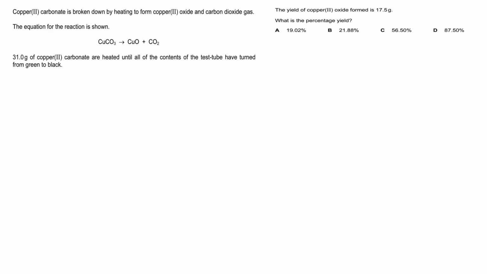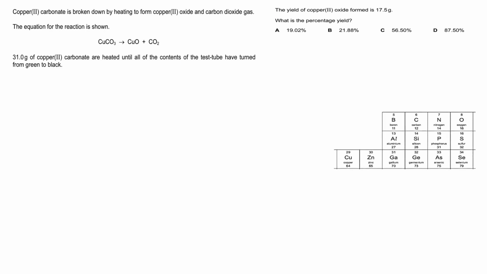The first idea is how to change the masses used in this problem into Mr, and then into number of moles. So, step by step. Let's start firstly with Mr: how to calculate the Mr of a certain compound by looking at the periodic table.